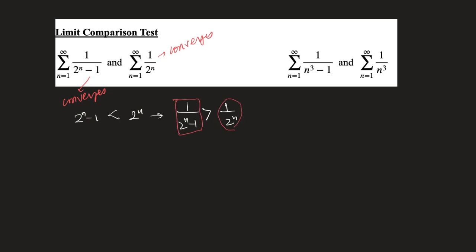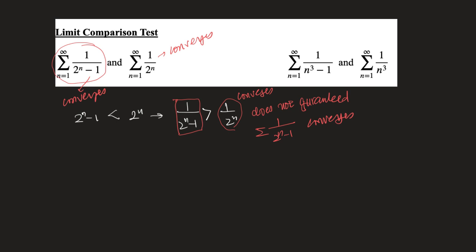This one convergent does not guarantee anything. One over this one is convergent. This one is the problem. So we feel like this left series is gonna be convergent, so we cannot use the direct comparison test. In that case, we're gonna do the limit comparison test.